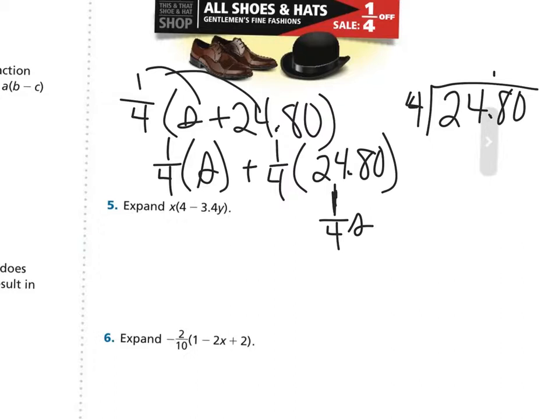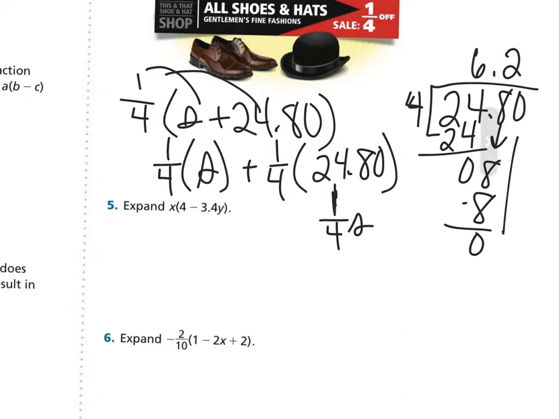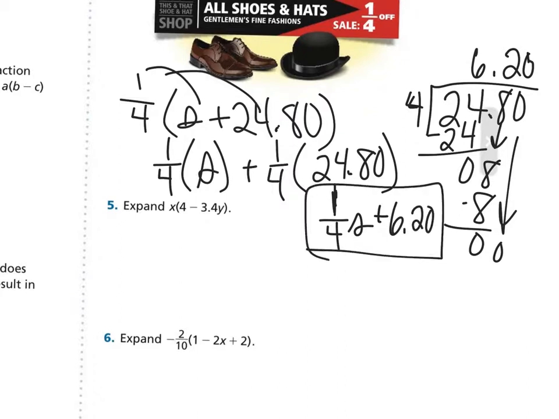So when you divide this out, 4 goes into 24 6 times, okay? And 4 goes into 8 twice. And 4 goes into 0 0 times. So that'd be 620. So we got 1/4 S plus $6.20. That would be our discount on that problem.